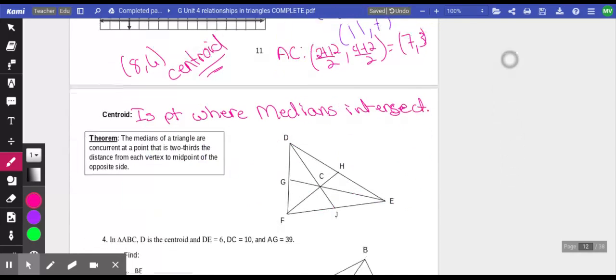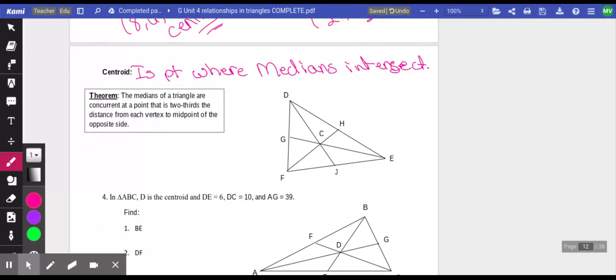Or if we look at this example here, where C is the centroid, that means that DC is 2/3 of DJ.